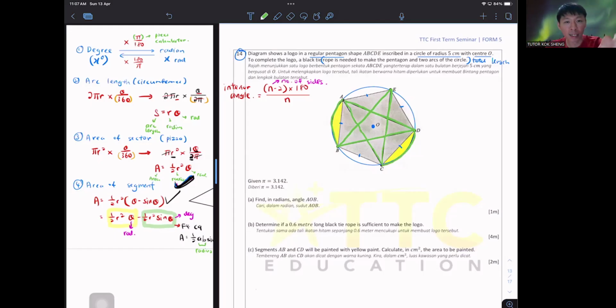This is where the black tie rope is needed, okay, to get the pentagon shape. All this green color one, 5 straight lines and also two arcs here. A, B, and C. Okay, so this is all the info you have. No worry.